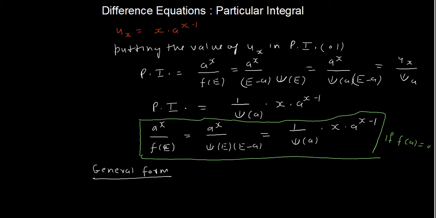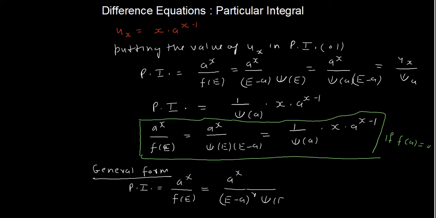E minus a is a factor of order r. So the particular integral can be written as e to the power x upon f of e, if f of a equals 0, then e to the power x upon E minus a to the power r into phi(e).